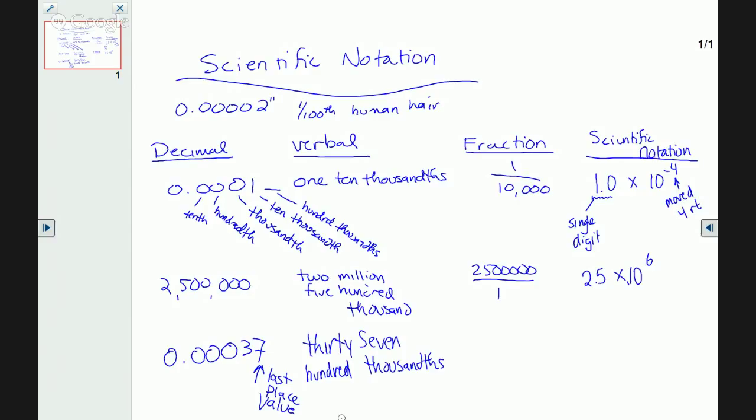Now it's better. How would I write that as a fraction? Over 100,000 now. We can't reduce that fraction, 37 is a prime number.